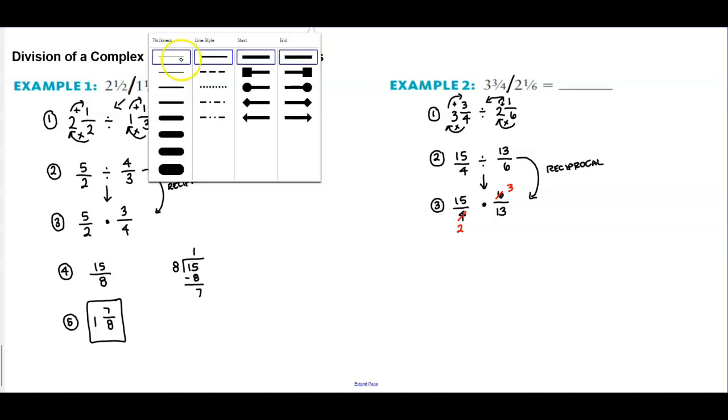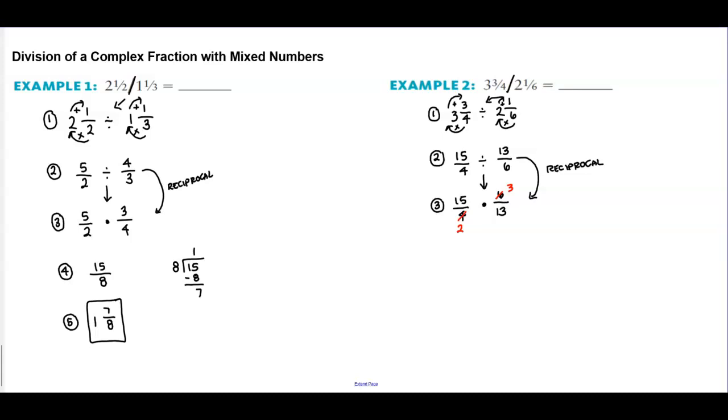So therefore, we're going to multiply across. So we have 15 times 3 over 2 times 13. So 15 times 3 is 45, and 2 times 13 is 26.